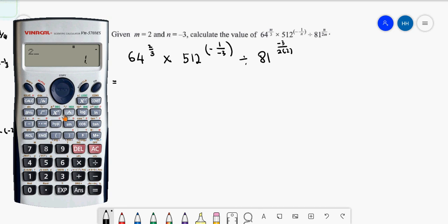You try 2 to the power of 4, you know it is 16, right? So it must be higher. 2 to the power of 5 is 32. If you always do questions like this, actually you can remember. When you look at the number, you automatically know that it equals 2 to the power of what.